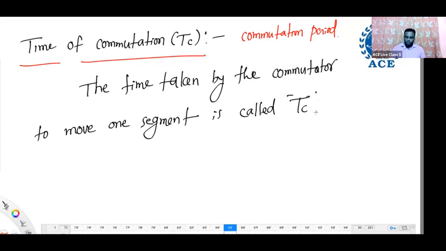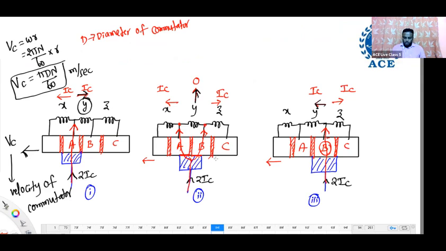How to find that? Observe. Here each and every segment will have some width. Let WC be the width of the commutator segment. And this mica insulation also has some width here.